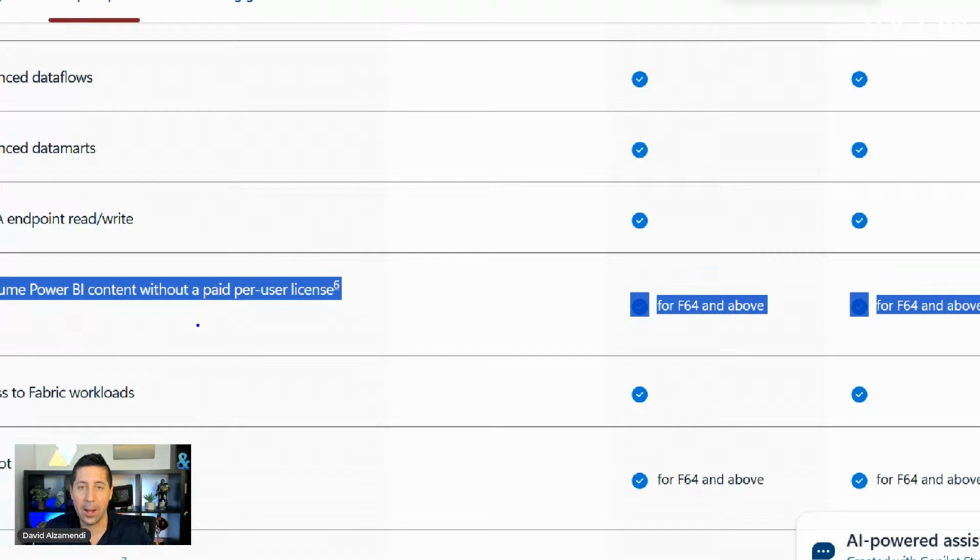On top of that, if you are planning to create reports, so if you have report producers, you will have to get the Power BI Pro or Premium per User license for them, independently of the SKU.